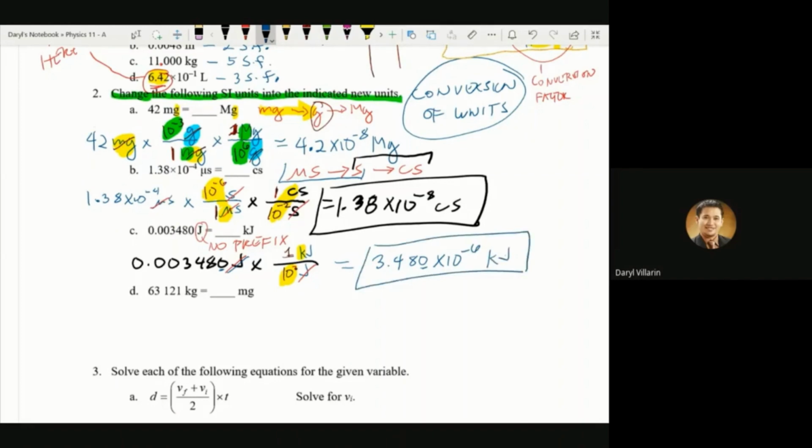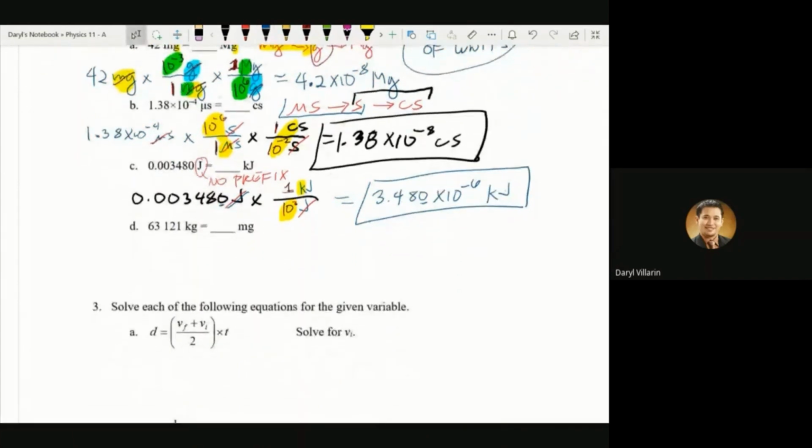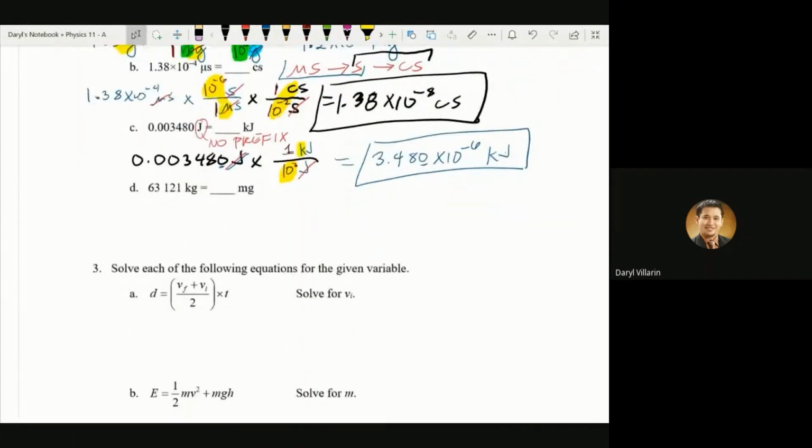If you do this in your calculator, you might get, let's say, 34.8 times 10 to the power of -7 or something like that. If you get that particular answer, you need to change it to the correct scientific notation form.